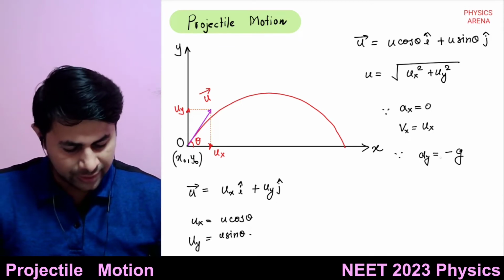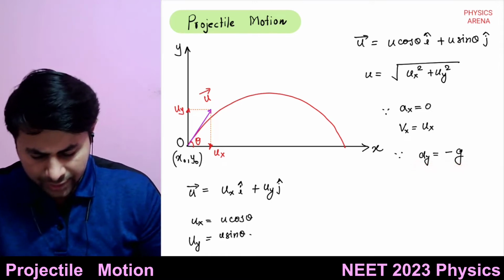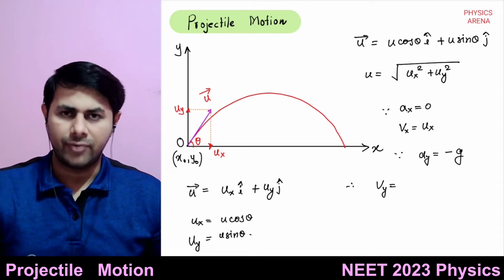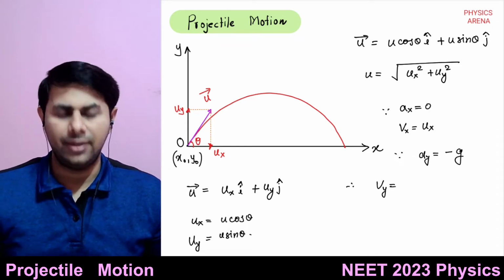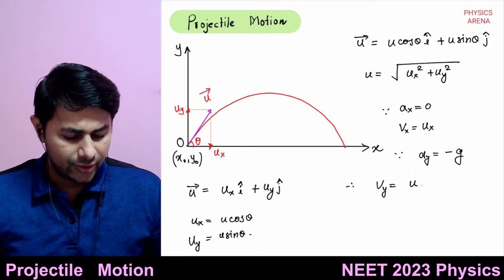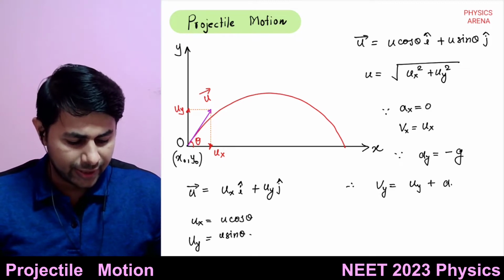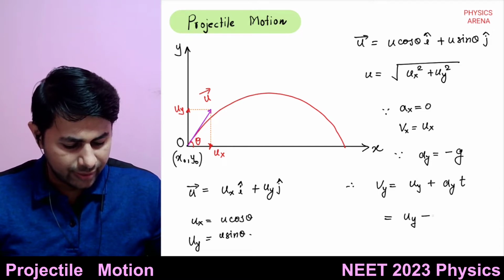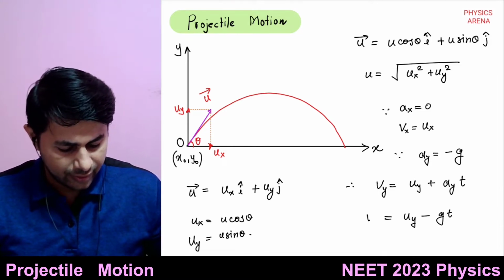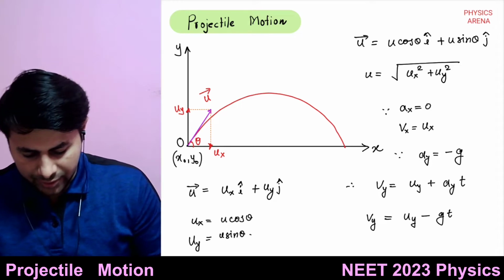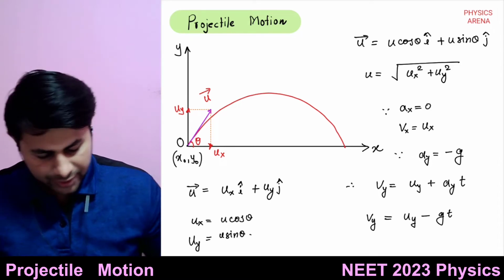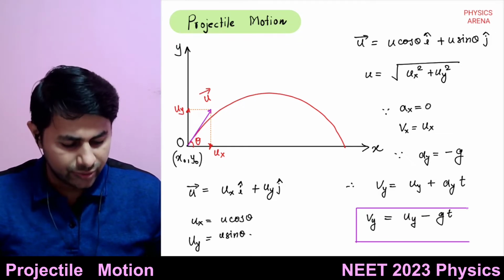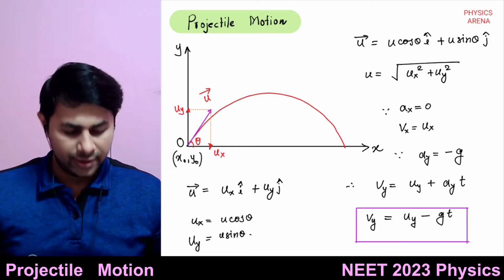And therefore ay is equal to minus g, and therefore we can write vy, velocity in y direction at any later time, is equal to uy plus ay times t, that is equal to uy minus gt, right? This is velocity along y direction at any later time. Vy equals uy, which is u sin theta, minus gt.